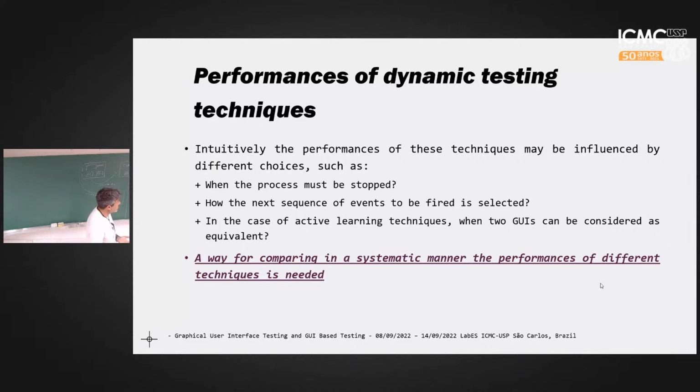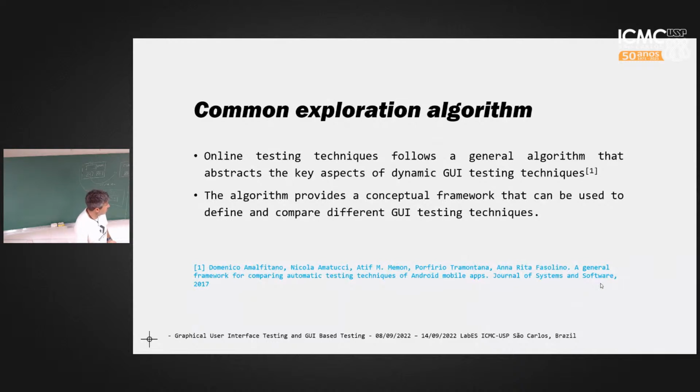And we presented a framework that can be used for fairly comparing different testing techniques. The publication was a JSS paper: a general framework for comparing automatic testing techniques of Android mobile applications.